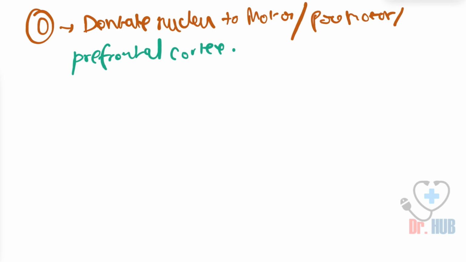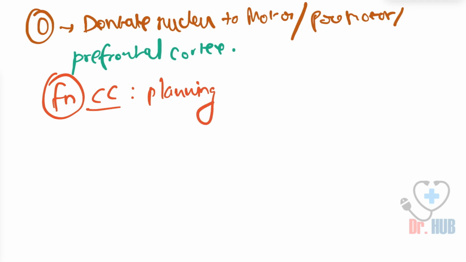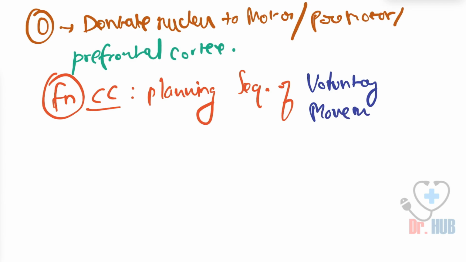So what is the function of the cerebrocerebellum? The function is that it helps in planning of the sequence of voluntary movements.